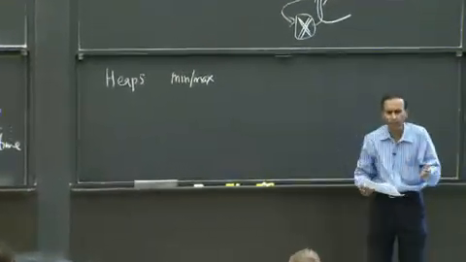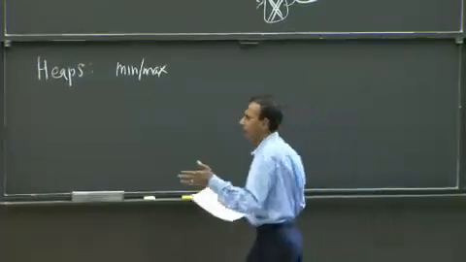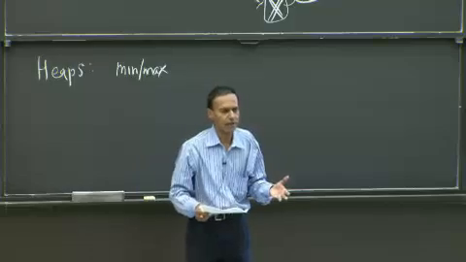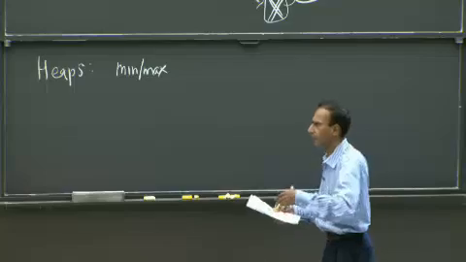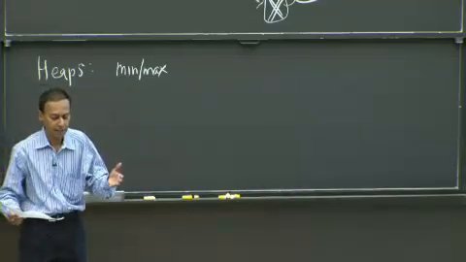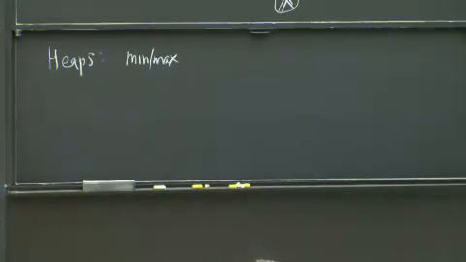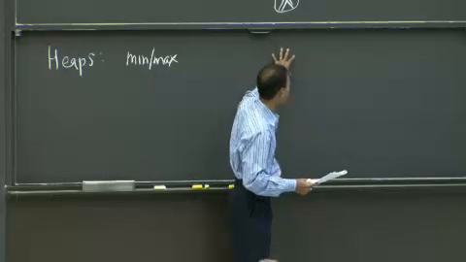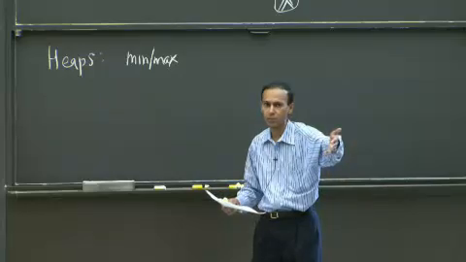Sadly, when we talk about min heaps or max heaps, they actually have a fairly weak invariant. I'm previewing a bit here. Binary search trees are similar to heaps in the sense that you visualize an array as a tree in the case of a heap, and binary search trees are trees. But the invariant in a heap is a weak invariant. It essentially says the min element has to be the root, so you can do that one operation pretty quickly.